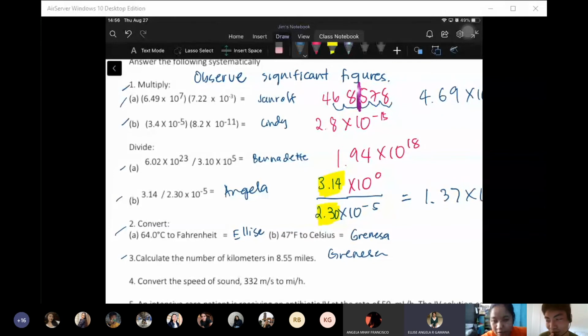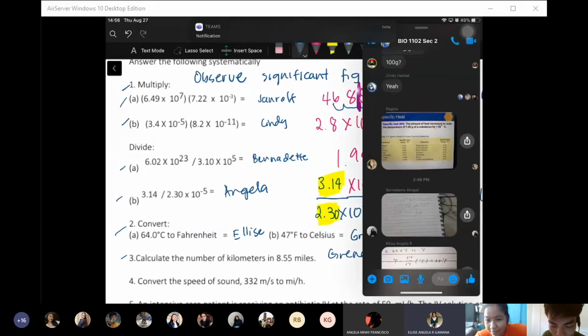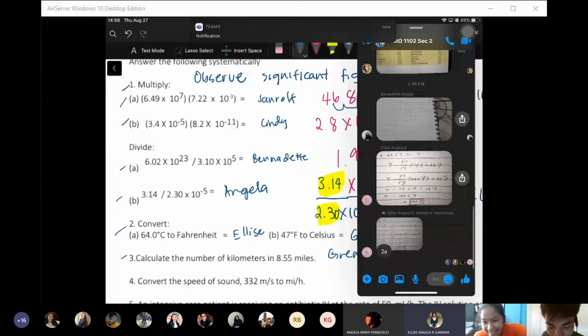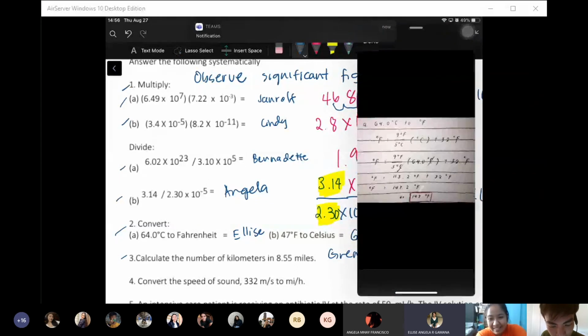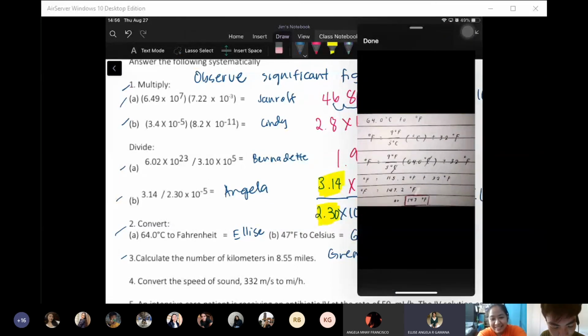Hello po. Ano yung, sir, nagpapakita? Sinend ko po sa messenger. Nasa messenger. Yes po. So, ang ginamit ko pong conversion is yung sinend nyo po sa PowerPoint. Celsius to Fahrenheit, no? Yes po. So, 9 degrees Fahrenheit over 5 degrees Celsius times yung given na degree Celsius po, which is 64, plus 32.